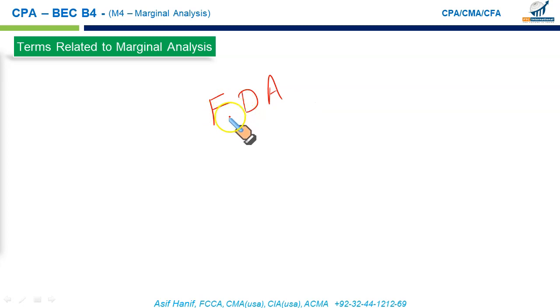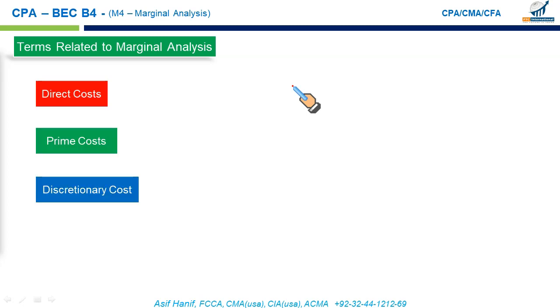So we use this mnemonic FDA. F stands for future. Any cost or revenue from the future is relevant in decision making. D stands for different: any cost and revenue that differs between the different options is relevant. A stands for avoidable: any cost or revenue that is avoidable is relevant. So FDA is the simple mnemonic that you can use to distinguish between relevant or irrelevant cost and revenue for a particular decision making.